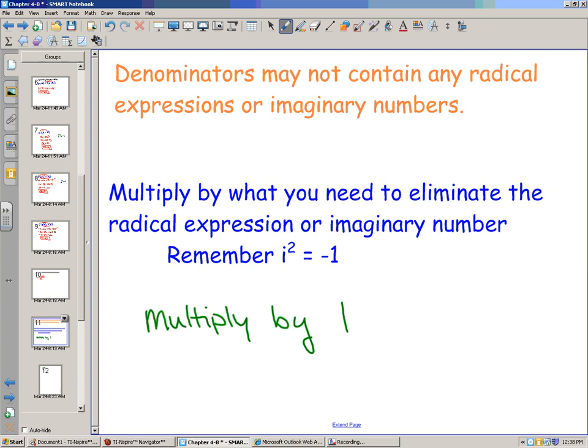But how many forms can 1 take on? Infinitely many. 5 divided by 5, 10 divided by 10, x divided by x, i divided by i, square root of x divided by square root of x, negative 15x minus 4 divided by negative 15x minus 4. Those are all 1, right?